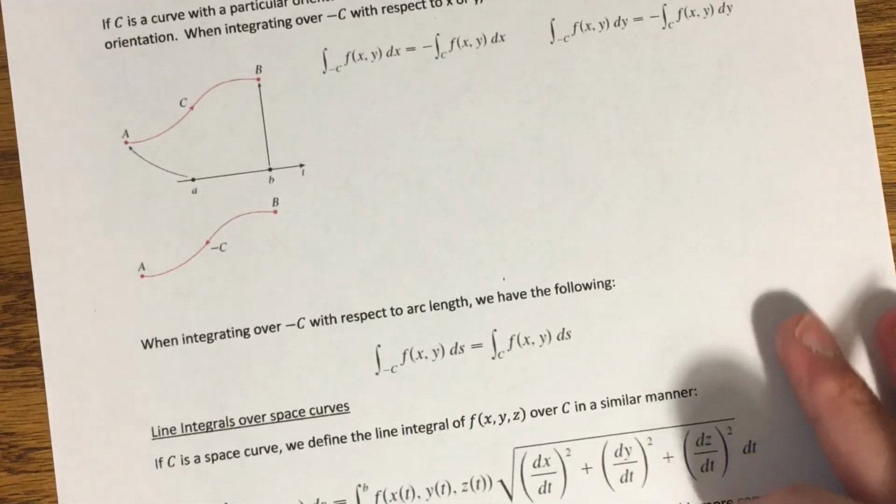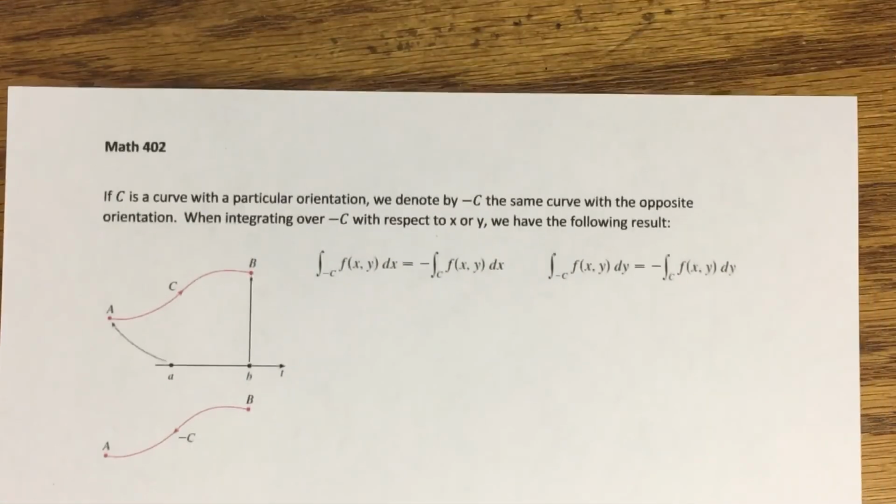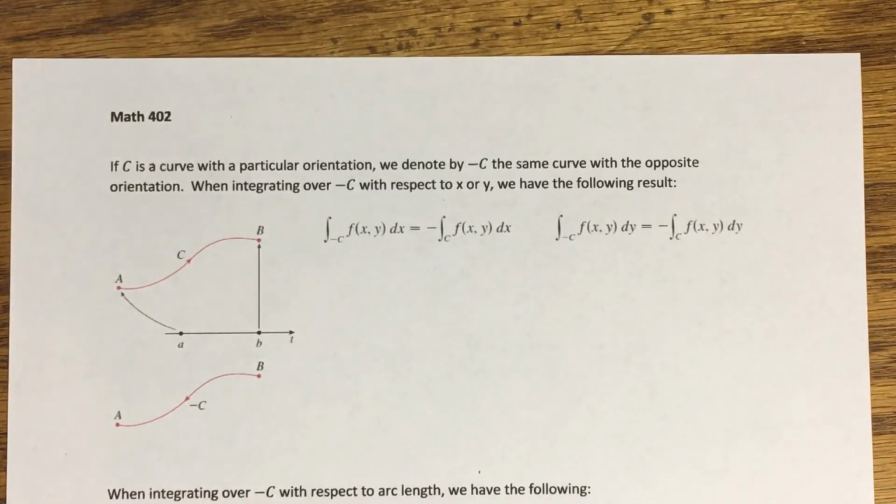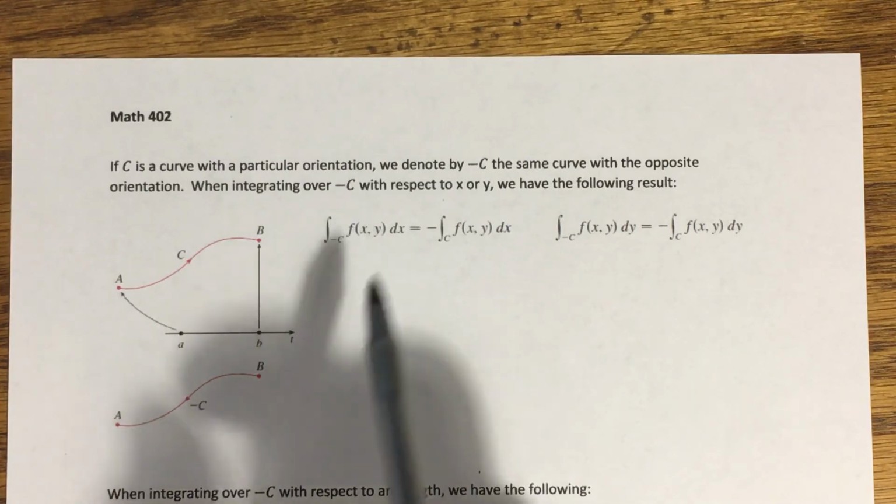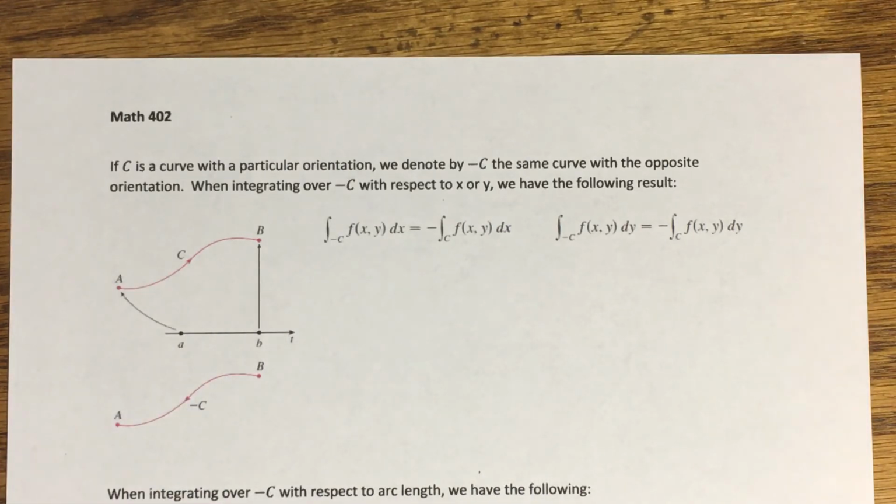All right, a little bit of information just to wrap up this video, and it'll help lead into some examples that we see in the next one. So again, I've been emphasizing the orientation of these curves, and that's because if you get your orientation wrong, it changes the value of your integral.